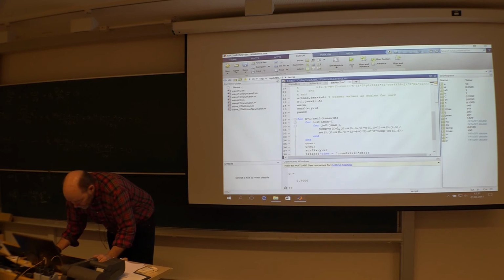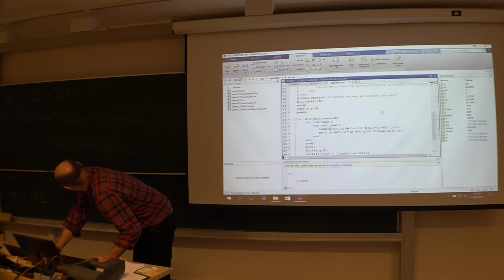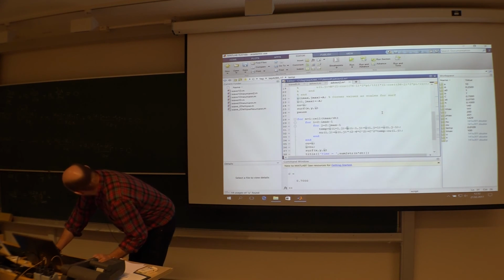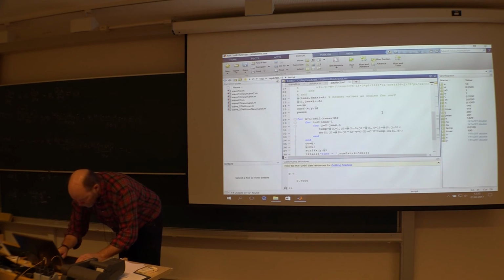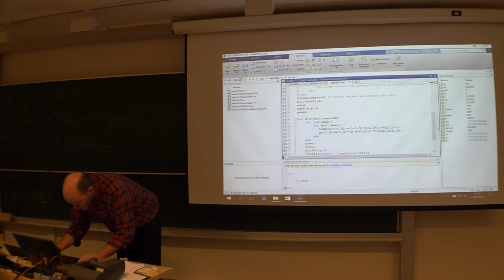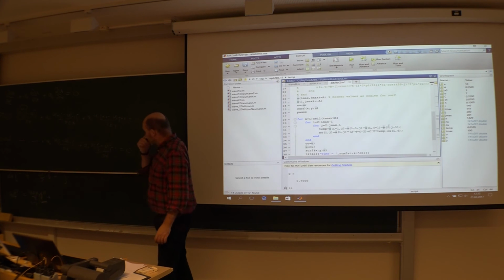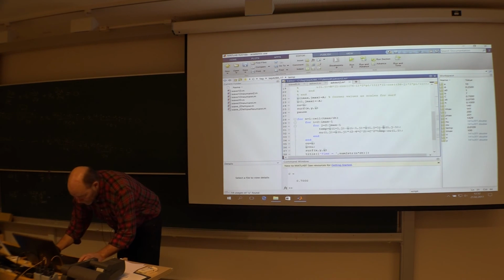Let's see, it should be I plus 1, I minus 1, but that one should be negative, shouldn't it? Yes, he must be minus. J plus 1 should be plus, J minus 1 should be negative. So there we have the 4 neighbors.